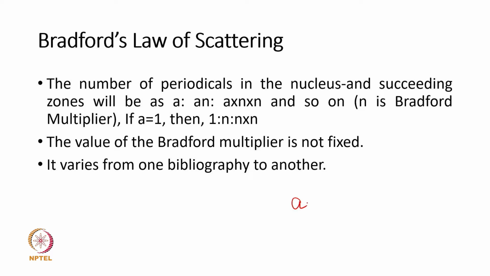That means it would be like a is the nucleus, then after that it would be a n, then a n square, and if you divide the successor by the predecessor, we get a constant ratio. For example, a n divided by a, we get n.